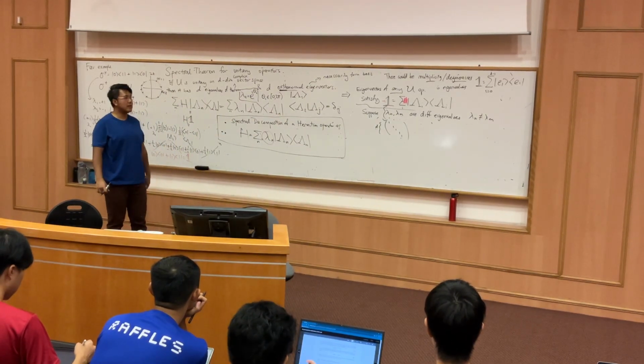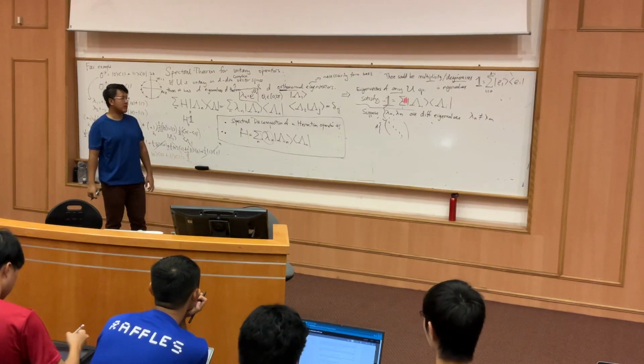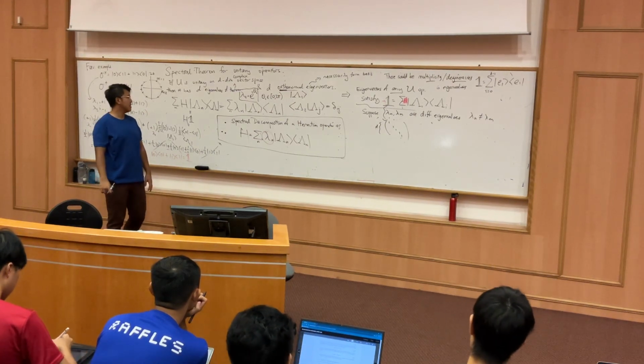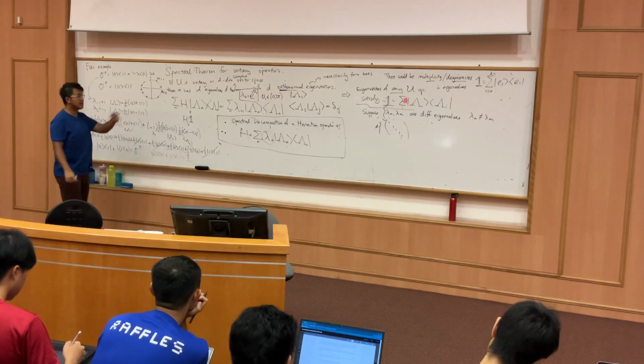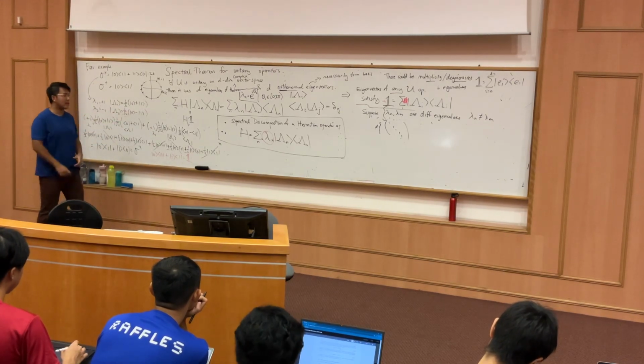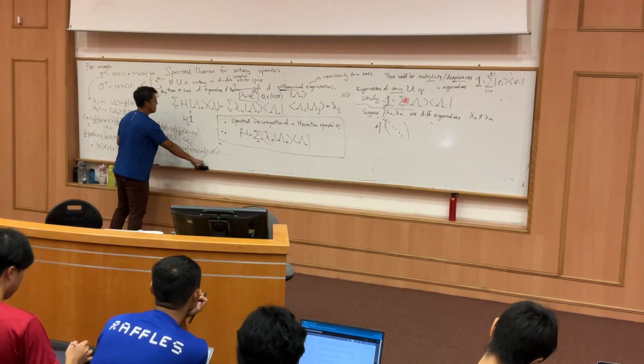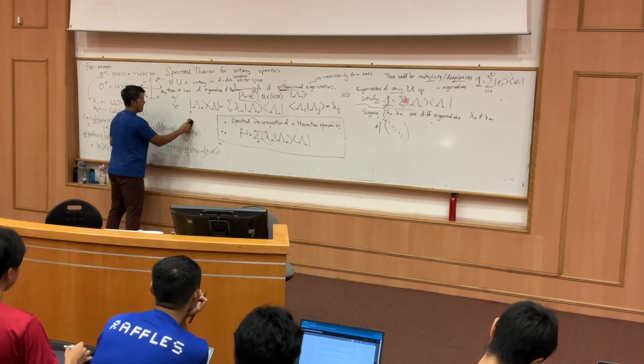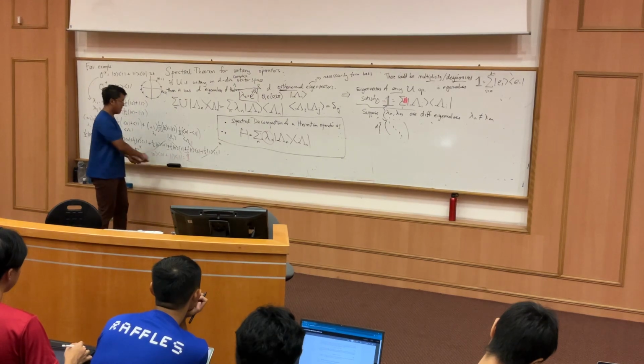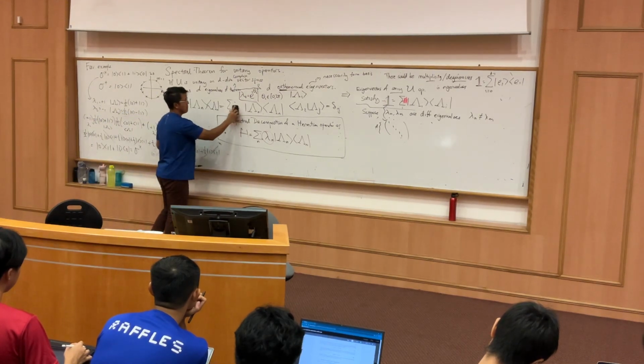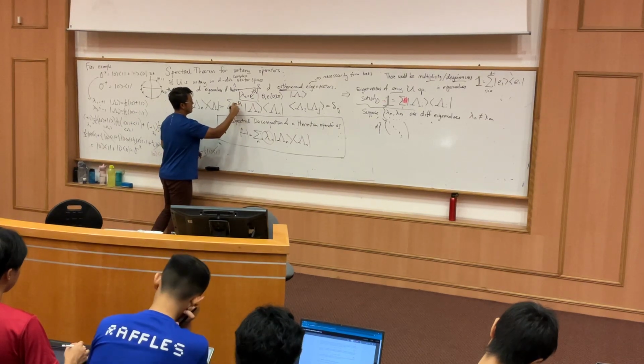Again, there could be multiplicity or degeneracies in eigenvalues. And if we decide to repeat the same trick as we did for the Hermitian operator, if you put a U here, now the eigenvalues are of this form, e to the power of i theta i.